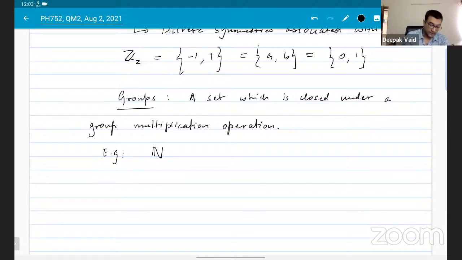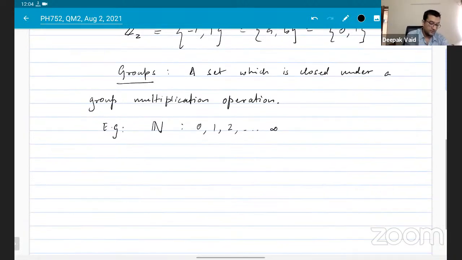So the natural numbers is a set of non-negative integers, right? Some definitions include 0, some don't. I'll include 0 since we need it for the definition of this.